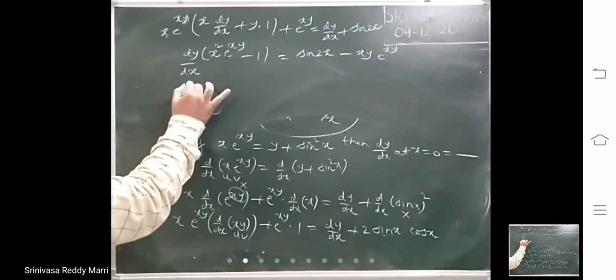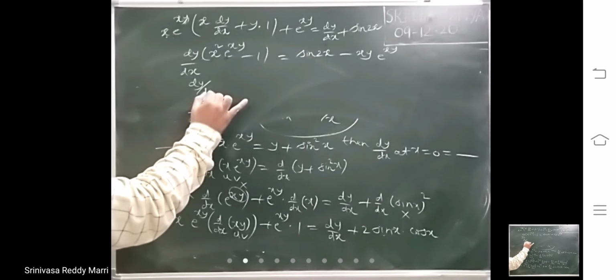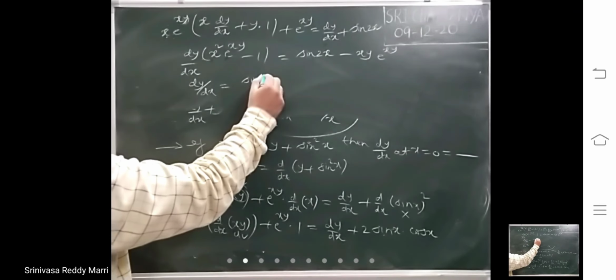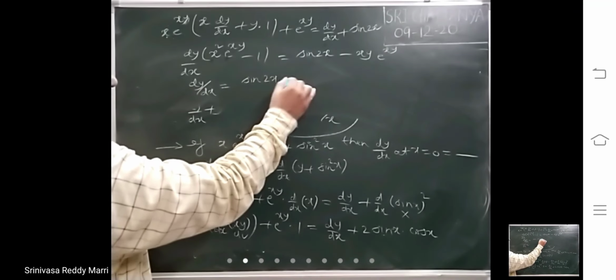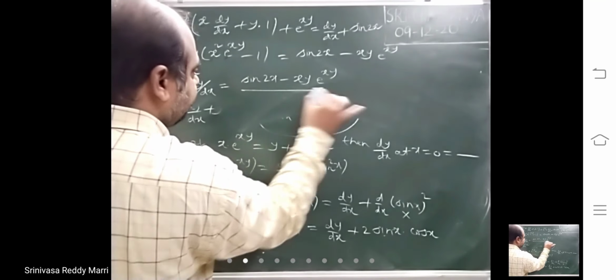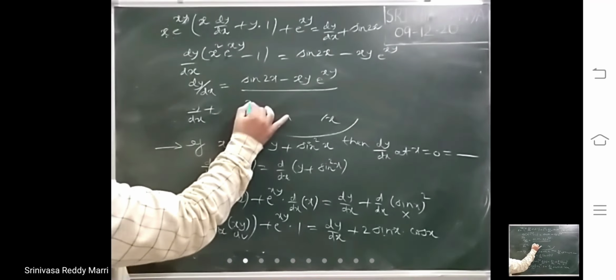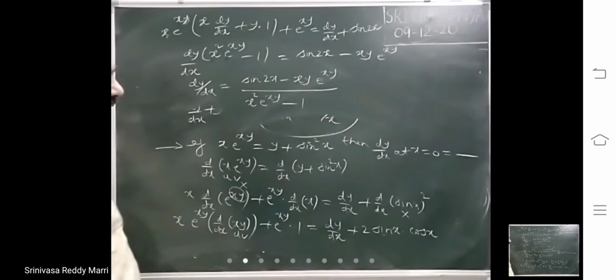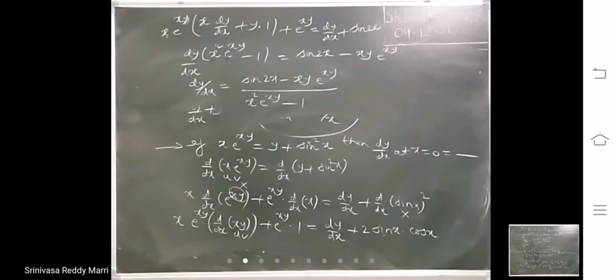So therefore dy by dx equals sin 2x minus xy e power xy divided by x square e power xy minus 1. So this is the derivative you got.